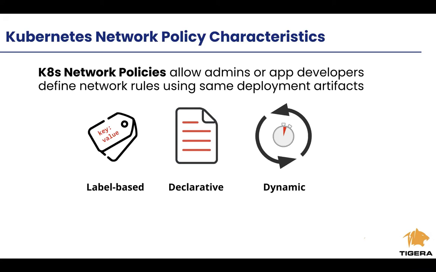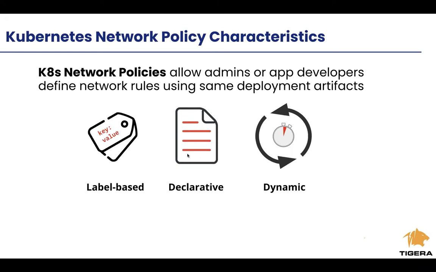There are three key characteristics of network policies. Of course, they have to be label based, similar to a lot of things in Kubernetes. You label your pods or deployments with key value pairs, and you use selectors in policies to apply them to those resources.